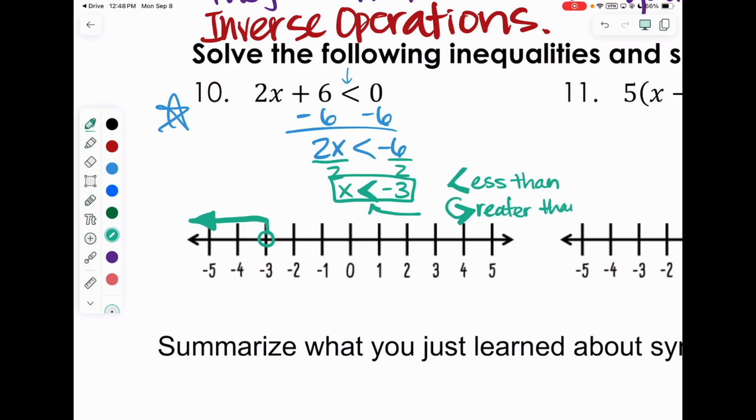As long as X is on the left, you can read it just like that. If X is on the right, you have to read it backwards. Is it opening towards it or opening away from it? But if X is on the left, you can always read it like this: X is less than or X is greater than. Do you see the less than sign as L and the hook for the G for greater than? Okay? All right. Next one.